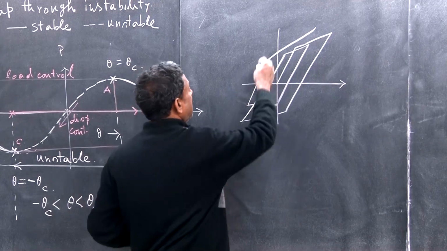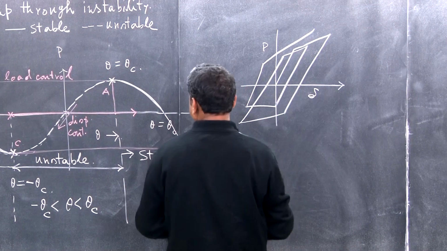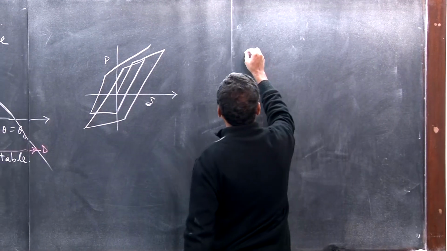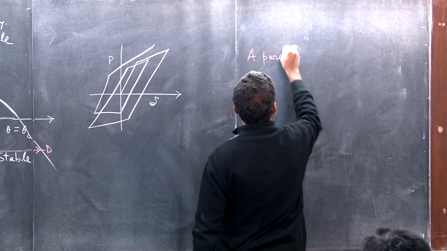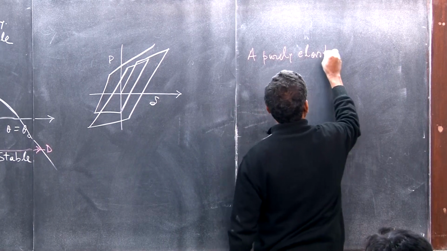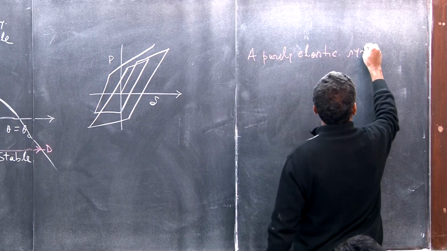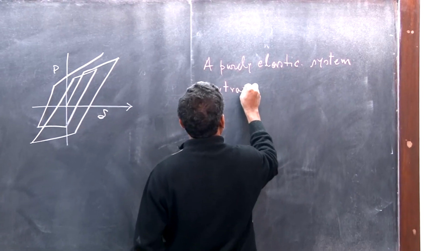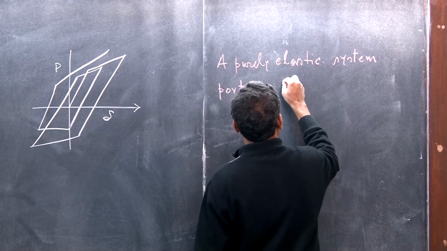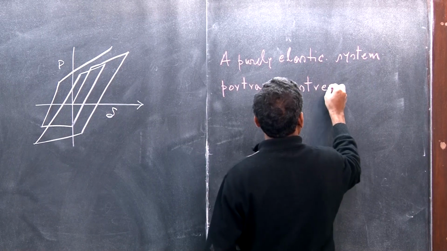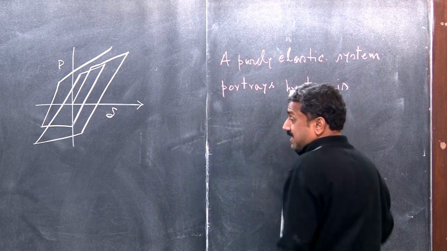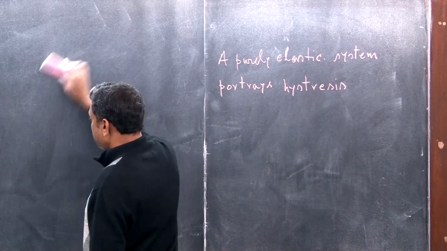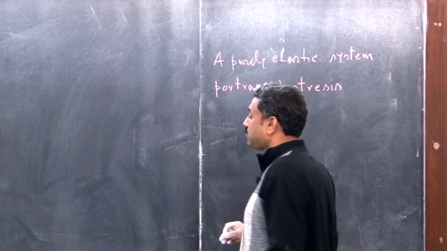Load displacement, here it is load, here it is displacement. But here this is a purely elastic system, yet the system is portraying hysteresis, which is a little uncommon. Okay, an elastoplastic system can show hysteresis. It's a geometrically nonlinear system, and it is showing hysteresis.